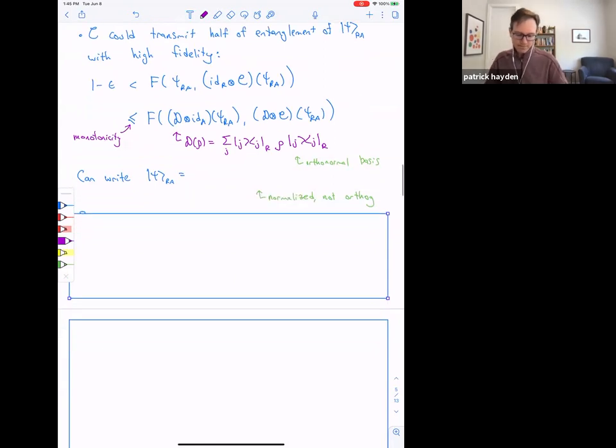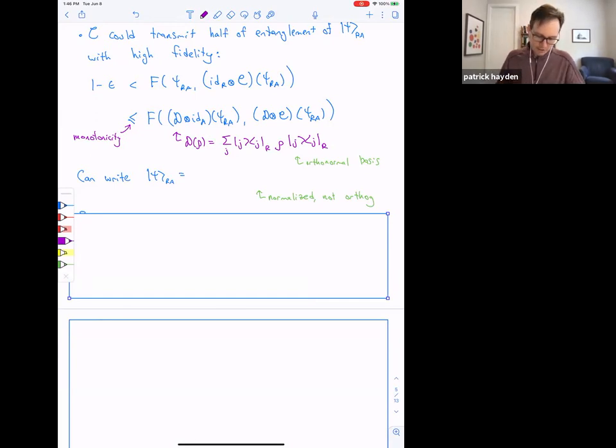And I'll tell you where we're going with this. By virtue of this monotonicity, what we'll see is that if I can send this one single entangled state through the channel, that means that I can send a very large number of ensembles of pure states through the channel, such that on average, the fidelity is high within the ensemble.